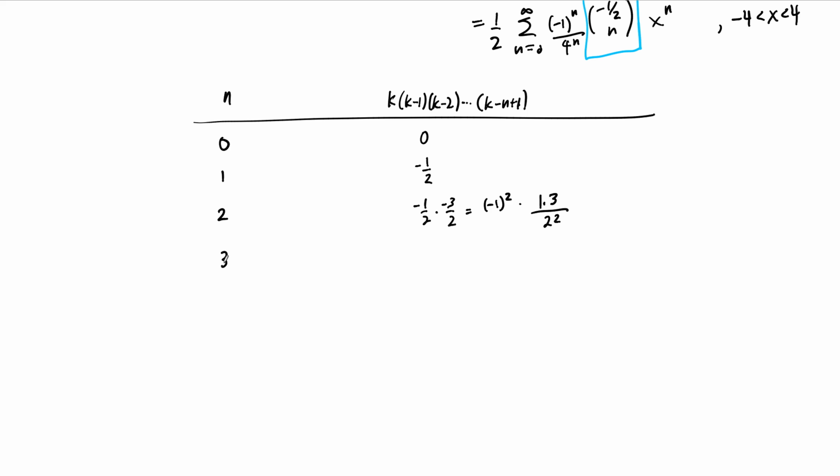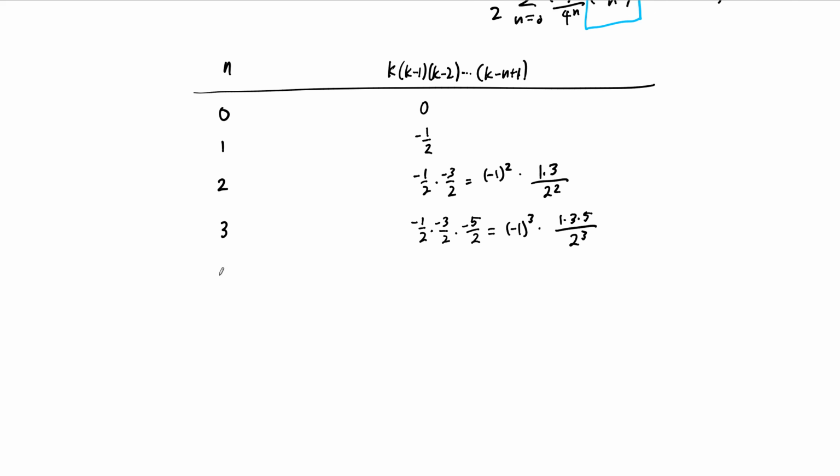And then let's go to the next one. So we're looking for formulas like this. This formula might be good, right? So the next one is going to be negative 1/2 times negative 3/2 times negative 5/2. All right? And so this is negative 1 to the third times 1 times 3 times 5 all over 2 to the third. We're starting to notice a pattern, right?